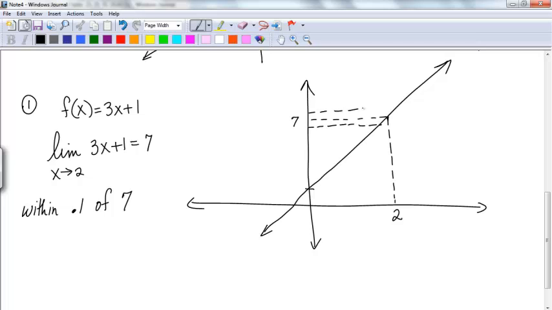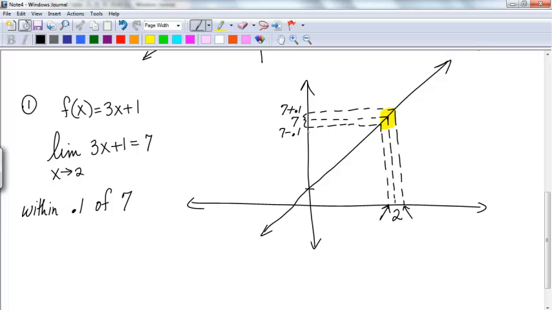So similar to what we did on today's homework, we're going to do it with specific numbers first. Then this would be 7 plus 0.1. This would be 7 minus 0.1. So what I want to know is, what's this interval on the x-axis that puts all these y values, all the y values on that line, inside that interval?